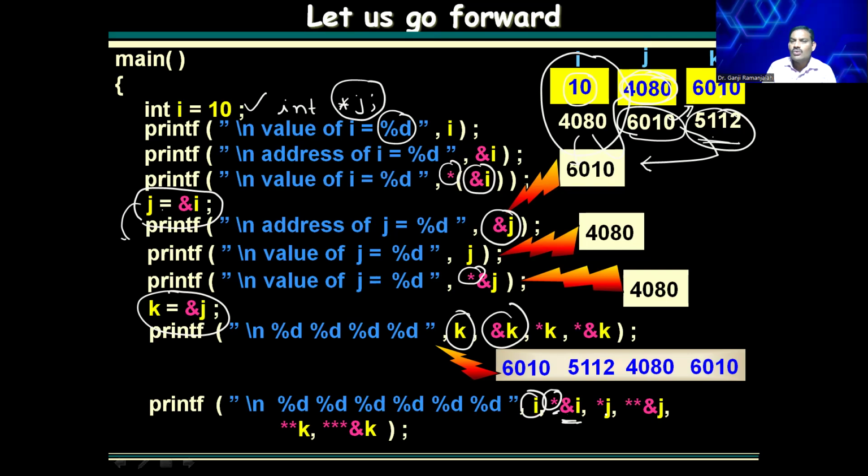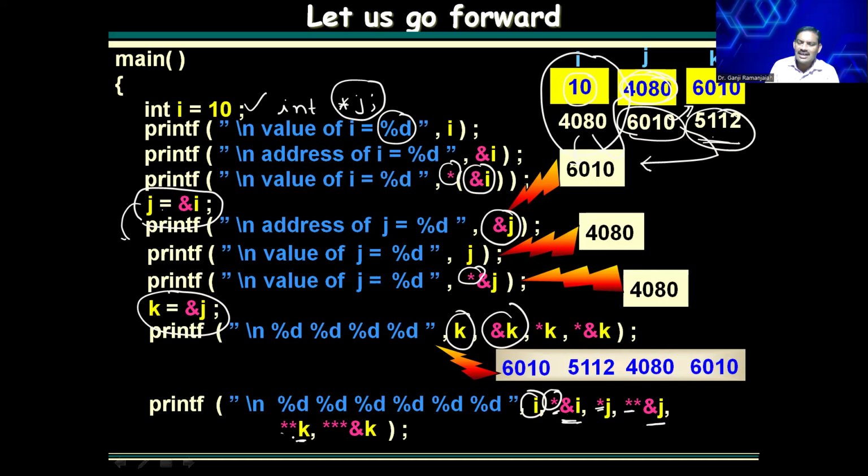That is 10. What is star J? What is J? 4080. Value at 4080 is 10. What is ampersand J? 6010. What is star 6010? 4080. What is star 4080? 10.